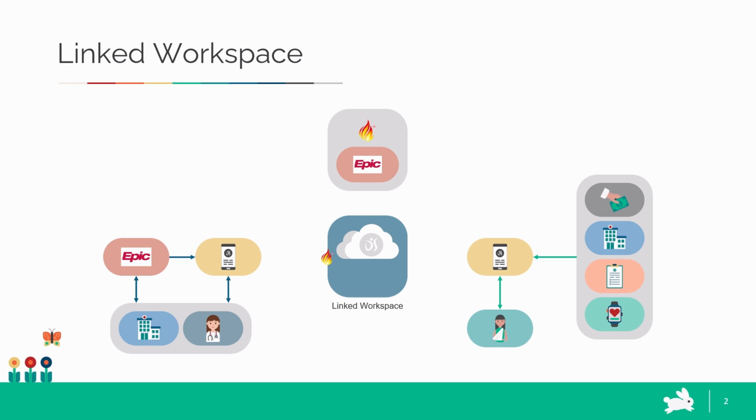A linked workspace is a FHIR server that acts as a proxy FHIR server in front of the EHR FHIR server. It allows apps to connect just as they would directly with the EHR, or the Epic FHIR server in this case. However, it is not limited by what the EHR FHIR server can do and can be configured to support other scenarios.